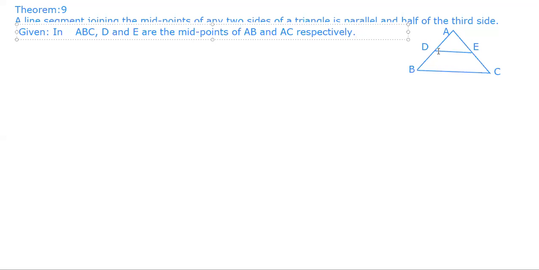Here, D is the midpoint of AB, E is the midpoint of AC, and D and E are joined. In triangle ABC, D and E are the midpoints, and DE is joined.